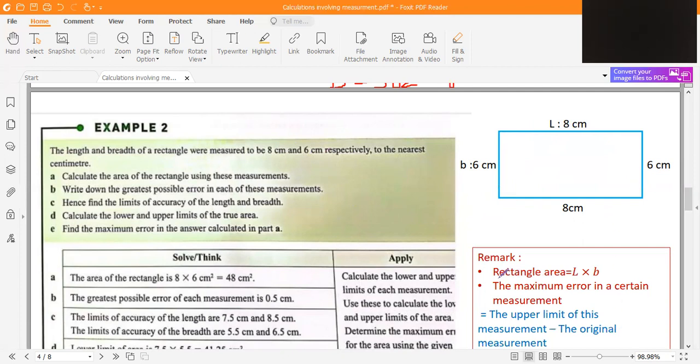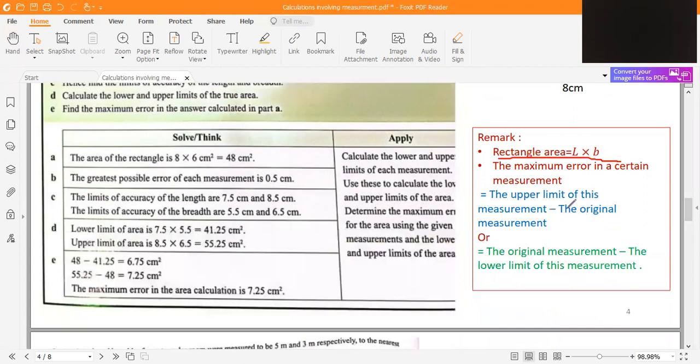The rectangle area is equal to length times breadth. The maximum error in a certain measurement, as we said before, is equal to the upper limit of the measurement minus the true measurement, or the true measurement minus the lower limit.